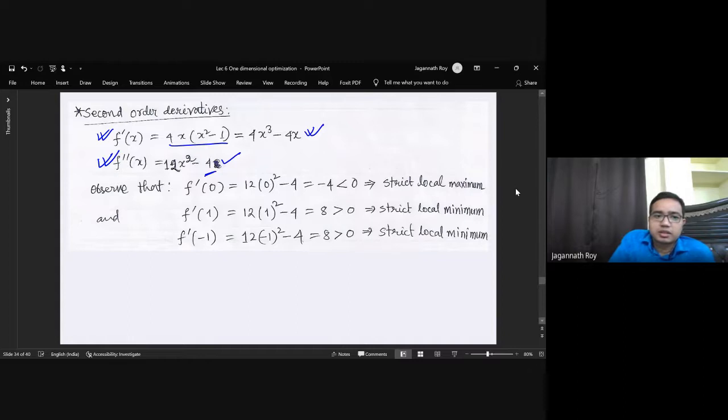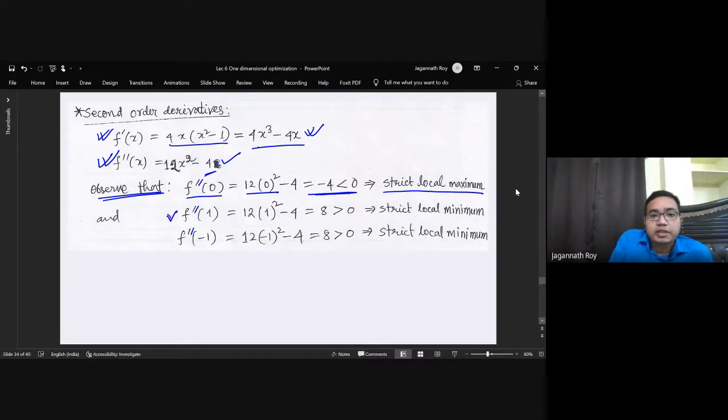Now we observe that f double dash of 0 is strictly less than 0, so this is a strictly local maximum.